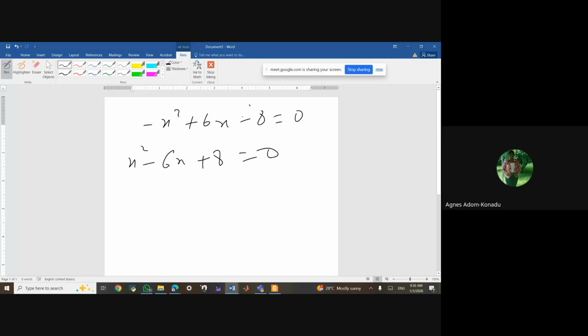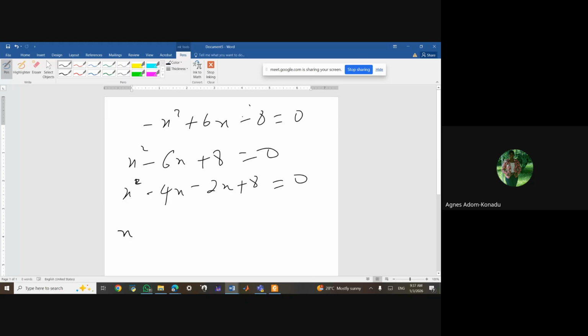Then you have to find the factors: two factors that when you multiply, you get 8, and when you add, you get 6. So we have x squared minus 4x minus 2x plus 8. This equals 0.